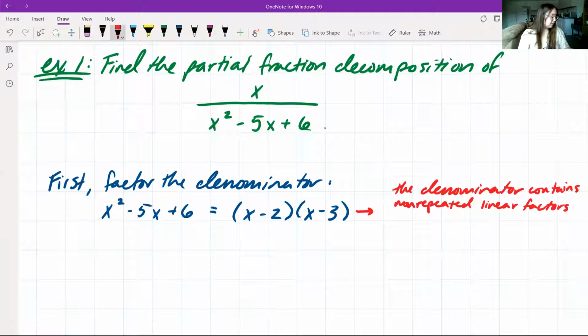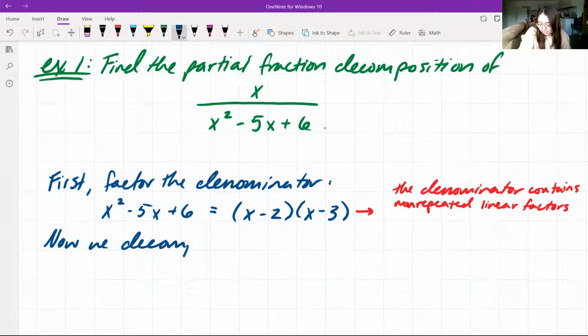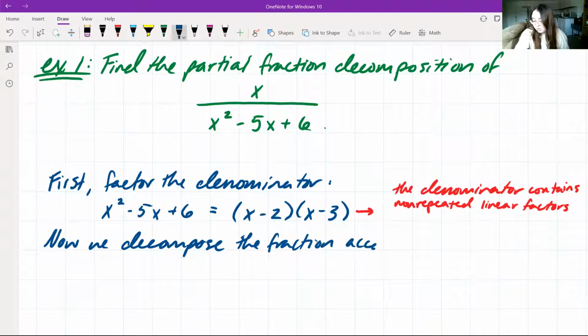Now we want to decompose the fraction according to equation 1.